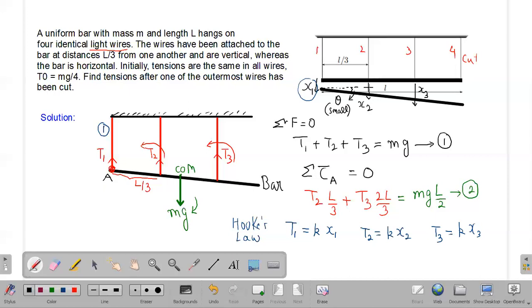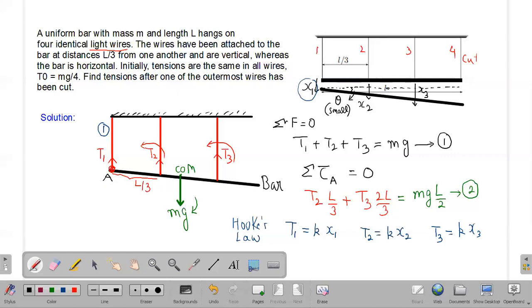Another point in this question is the extensions x1, x2, x3. How can you relate the extensions x1, x2, and x3? What is the way to relate them?